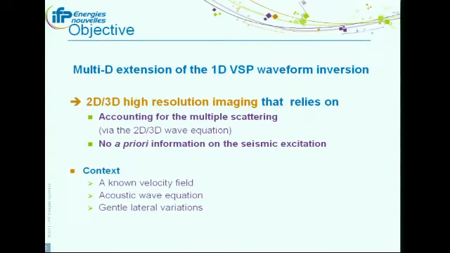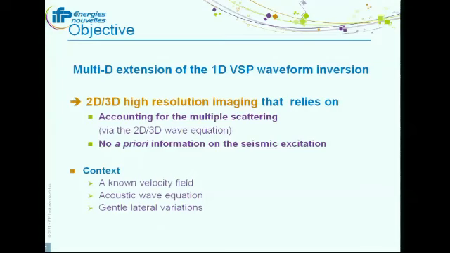So we are today working on a multidimensional extension of the 1D VSP inversion, and to be clear, our objective is not only to get rid of this unrealistic 1D assumption, but also to obtain an image of the subsoil in the vicinity of the well. And this with a resolution that should be much better than the one achieved when we use migration to invert surface data, because we will account for all the multiple scattering.